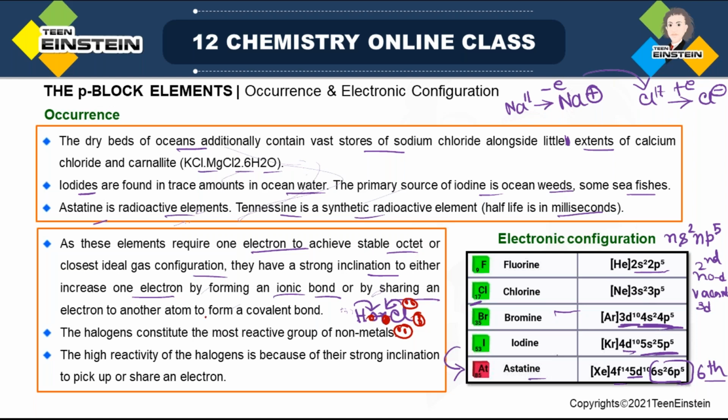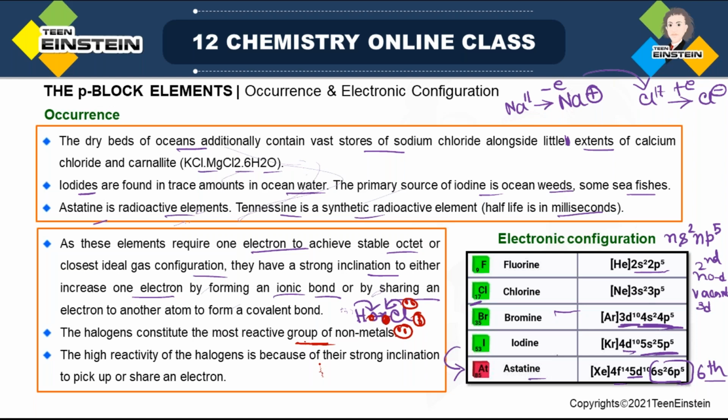The halogens constitute the most reactive group of nonmetals, because now we are at the right hand side extreme. Group 18, we do not say that they are non-metals, because they are so inert in nature, they do not take part.